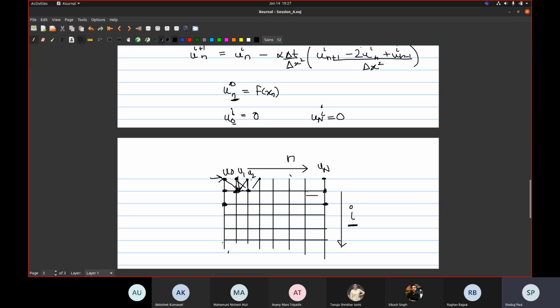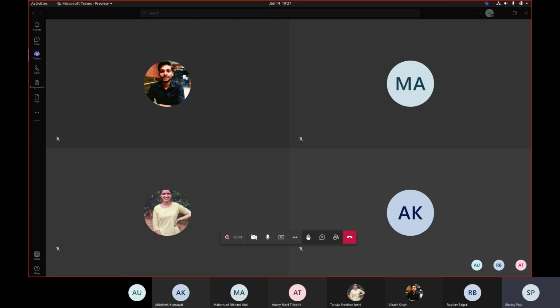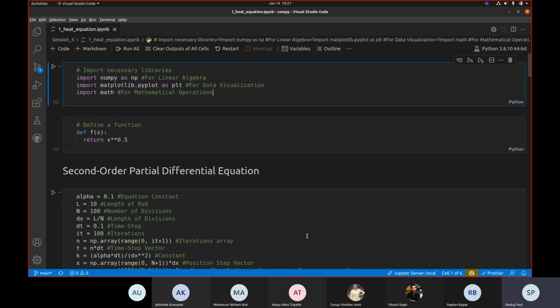Whatever values we get at the absolute end become our final temperature distribution, and all of these are intermediate temperature distributions of the rod. Okay, now let's take a look at the code.